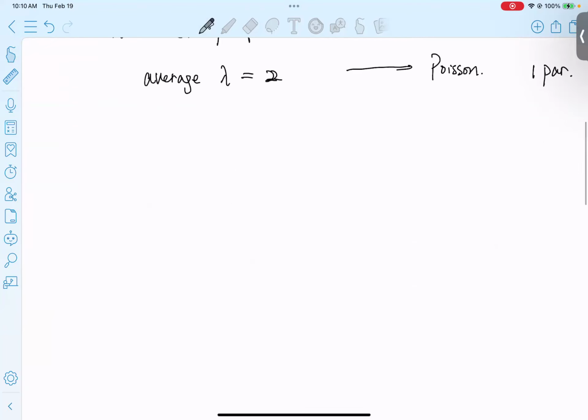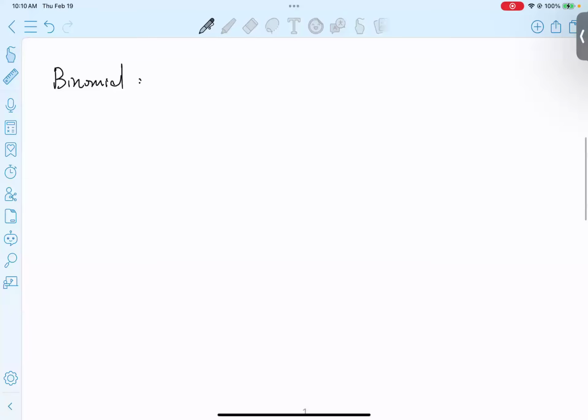Also a quick comment. Binomial is like if you have n independent trials, each with success probability p.